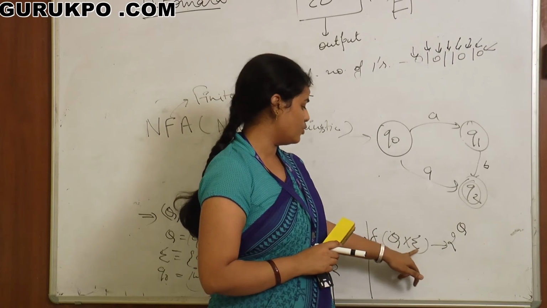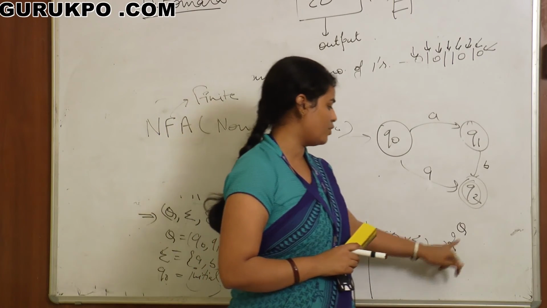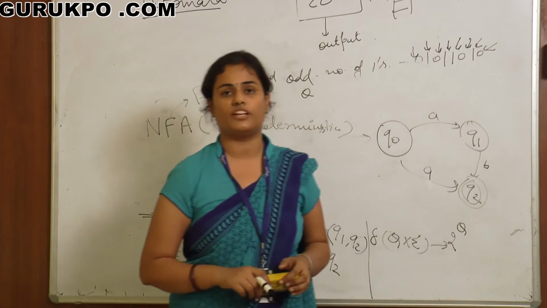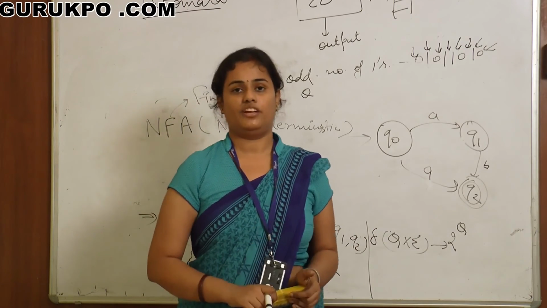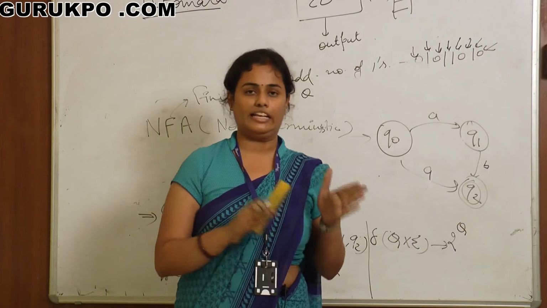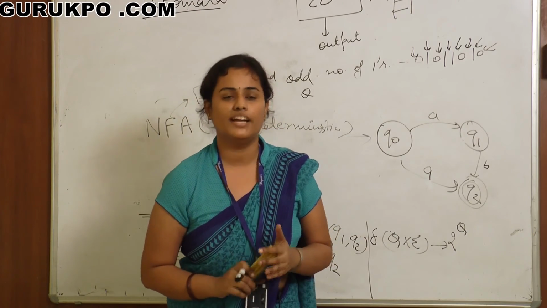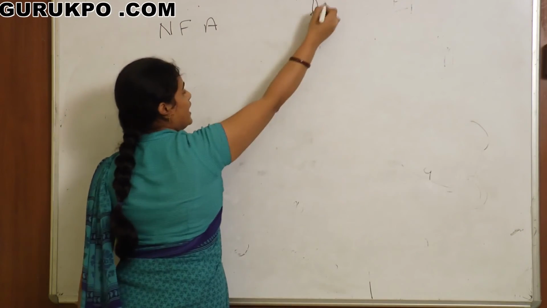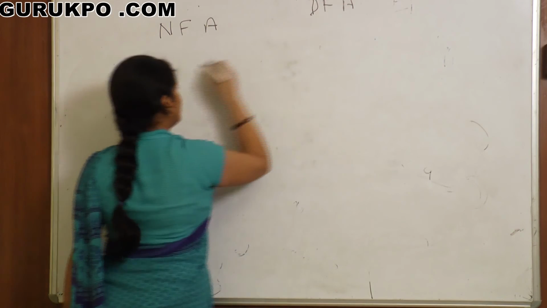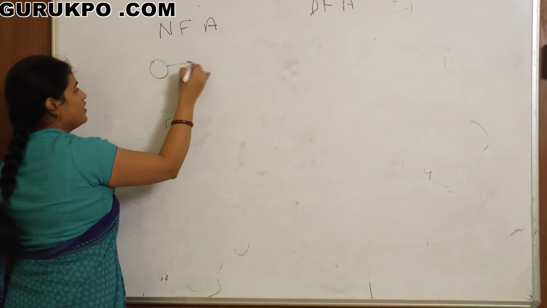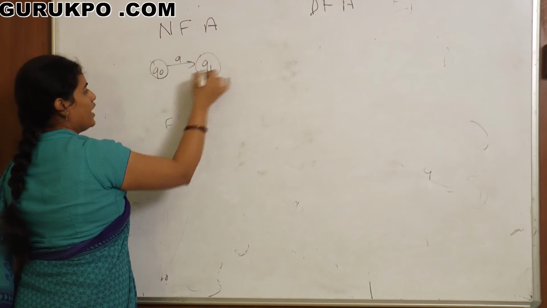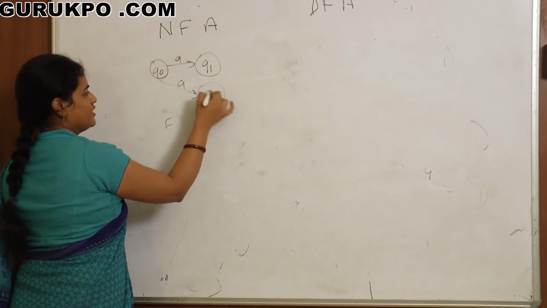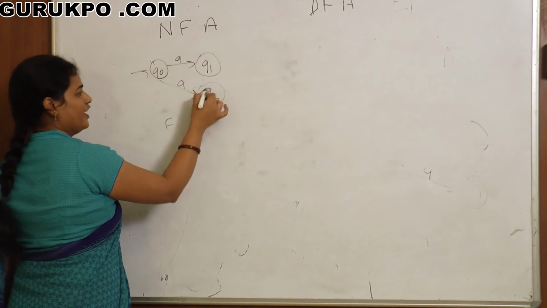When I give an input symbol to any state, it can reach the maximum number of states, the power set. This is NFA. Then what is the difference between DFA and NFA? In NFA, for the same input, I reach more than one state in this way.